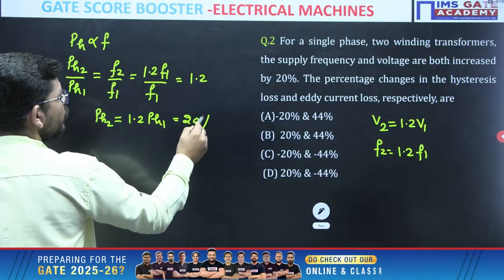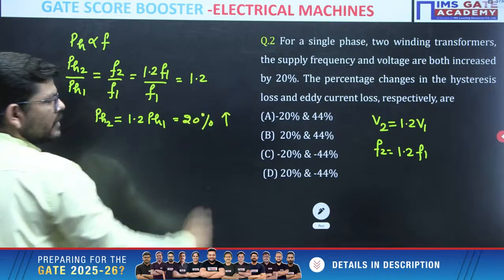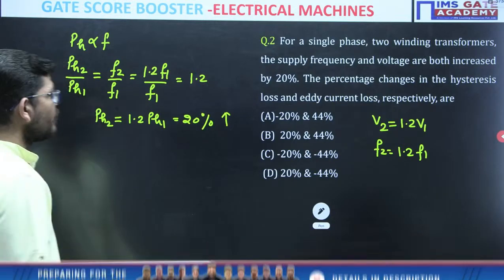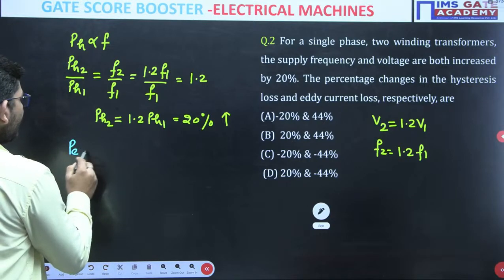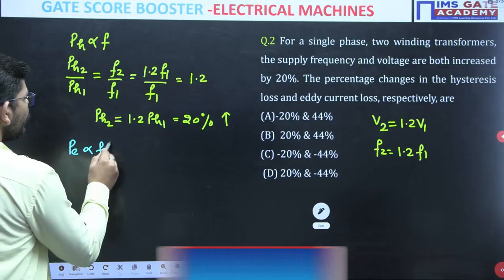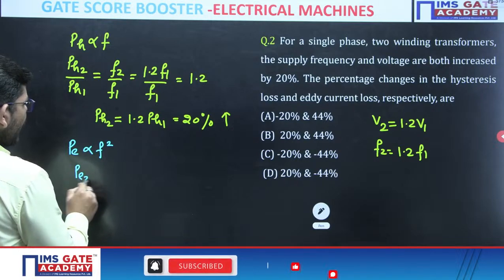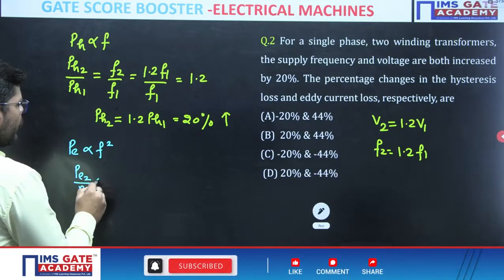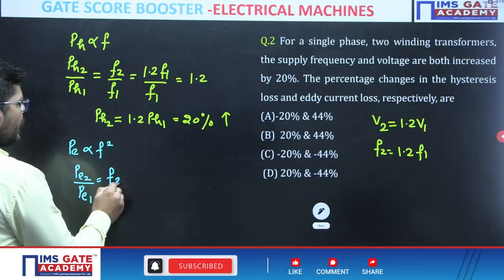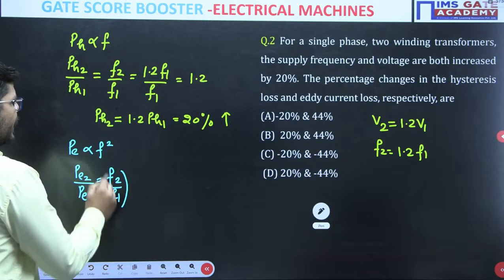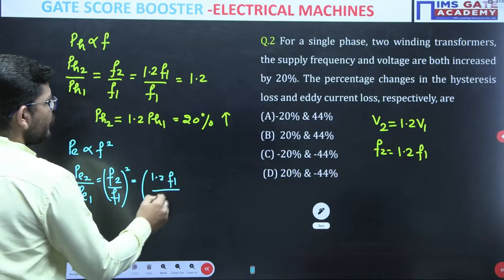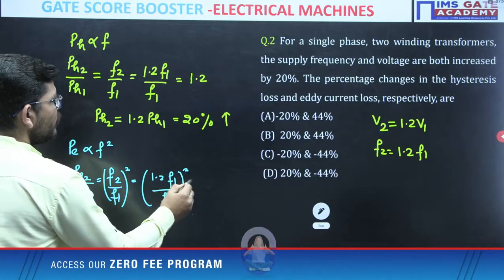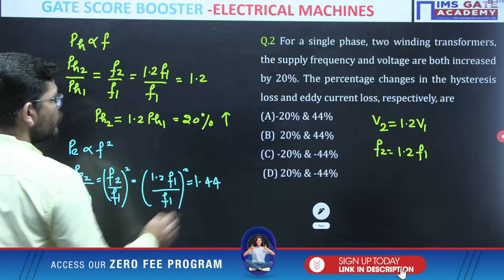So the new hysteresis losses will be 1.2 times the old hysteresis losses, or we can say a 20% increase. Similarly, the eddy current losses are proportional to frequency square, so the eddy current loss ratio will be something like this. If I put the values, (1.2 F1 over F1) squared, I get 1.44.